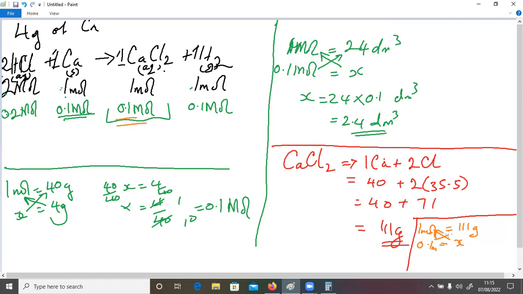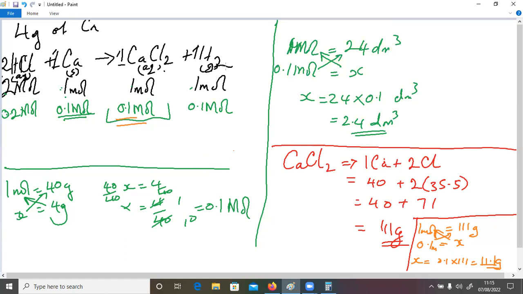I cross multiply, and this ends up giving x equals 0.1 multiplied by 111, which gives me 11.1 grams. That is the mass of calcium chloride which will be produced. Of course, it doesn't come out as a solid. It's already dissolved in water. That's why the state symbol is there, the aqueous solution.